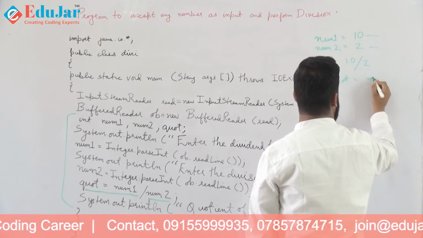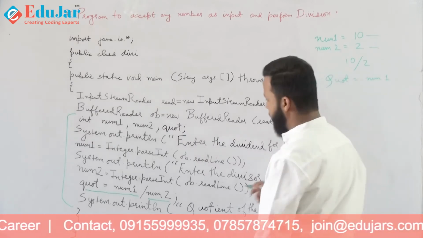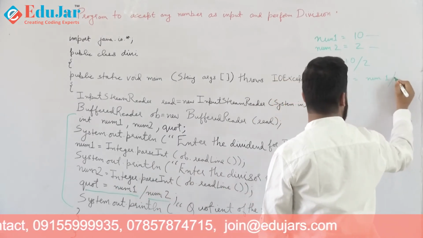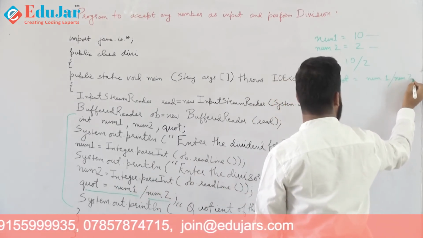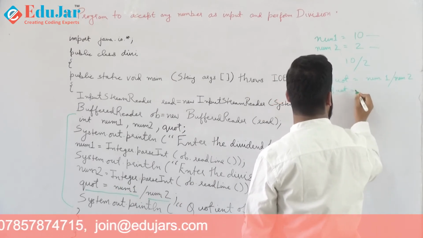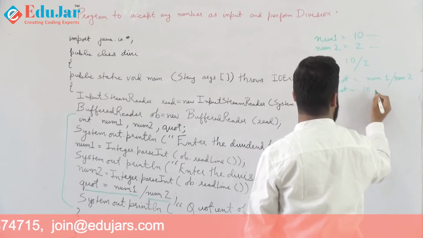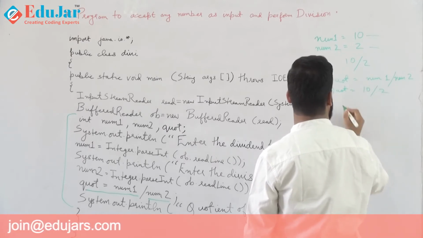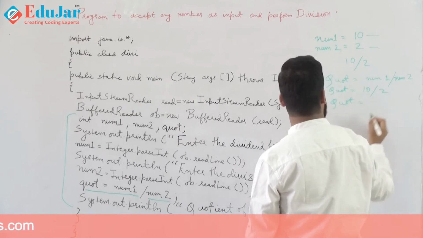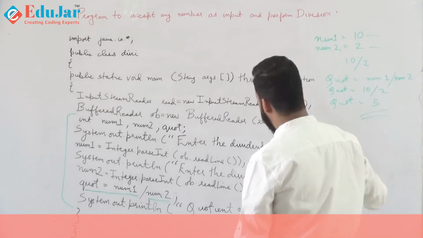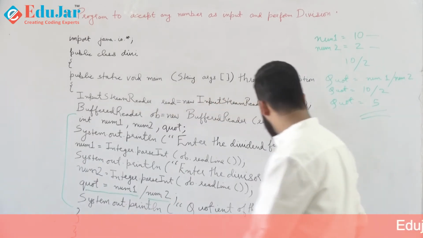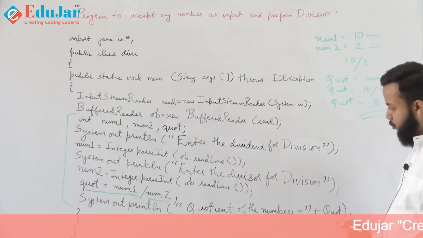You can see over here code = num1 / num2, so code equals 10 divided by 2. The quotient will be 5.